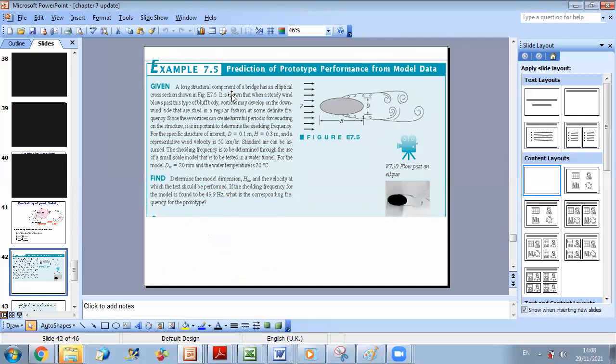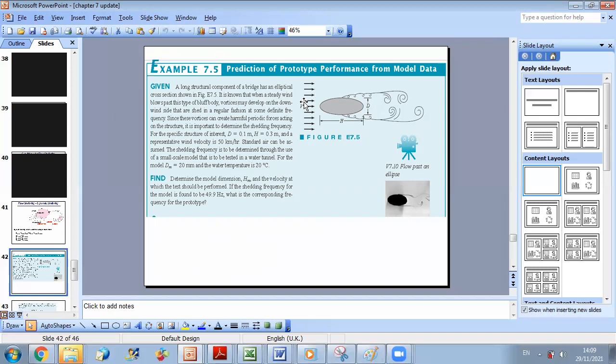A long structural component of a bridge has an elliptical cross-section shown in the figure. It is known that when a steady wind blows, here it's steady already, so you don't have the problem of time scale. So of course, if length scale is satisfied, then kinematic similarity will be verified.